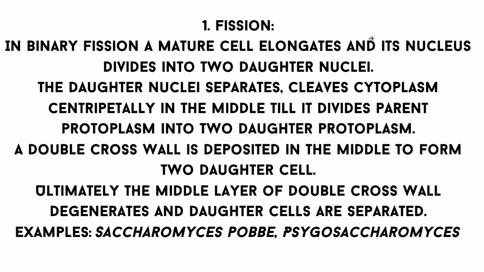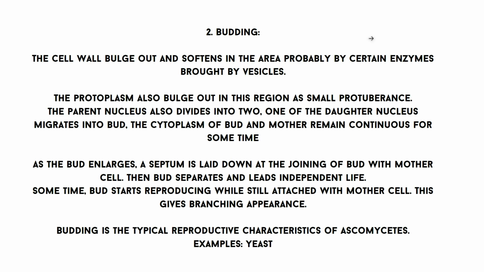There is a division of genetic material and separation of cytoplasm, and the elongated cell results in the formation of a wall in the middle, and this wall separates the entire nucleus and the cytoplasm to form two identical daughter cells.